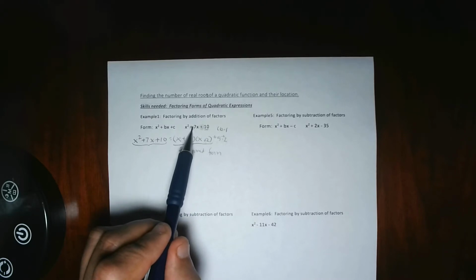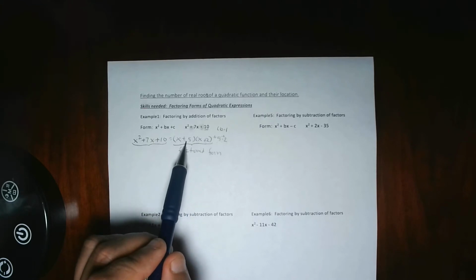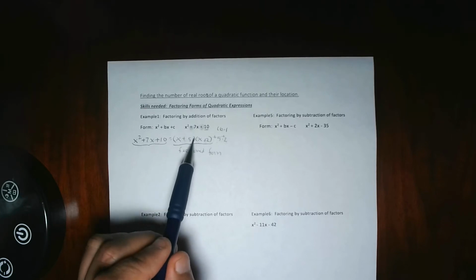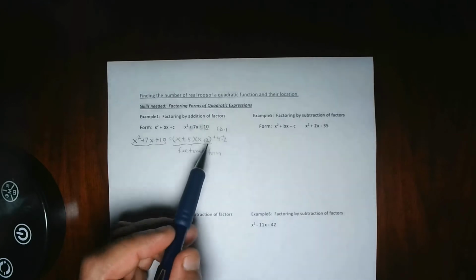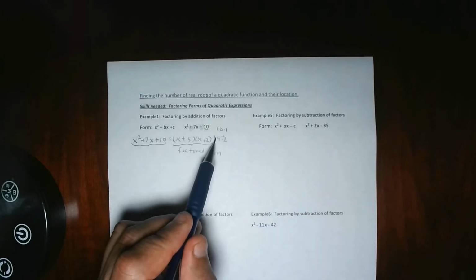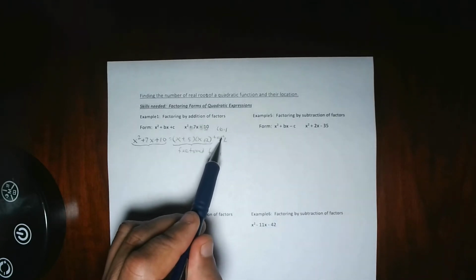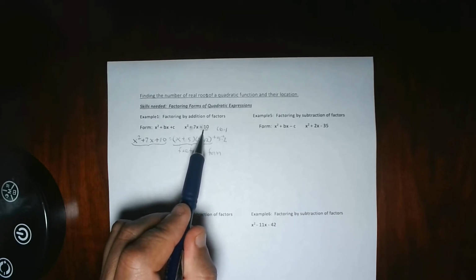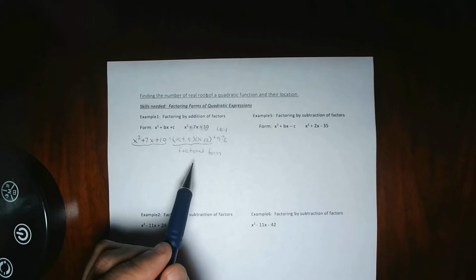So in this case, because it's a positive sign, it'll be two positives here. But if it was a negative sign here, they would both be negatives. Something else to notice is that positive 5 and positive 2, if you add them, you get positive 7, but if you multiply them, you still get a positive 10. So that's our first example.